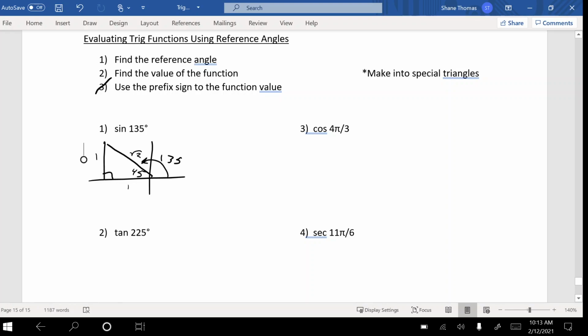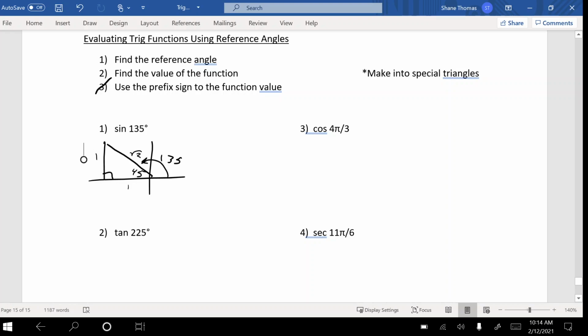So I applied those. Now, based off of where we're at, is any of those signs negative? Well, if we remember, our hypotenuse or our radius is never going to be negative, correct? We only have to worry about these two sides. This guy's above the x-axis, so this one's positive, right? What about this guy?